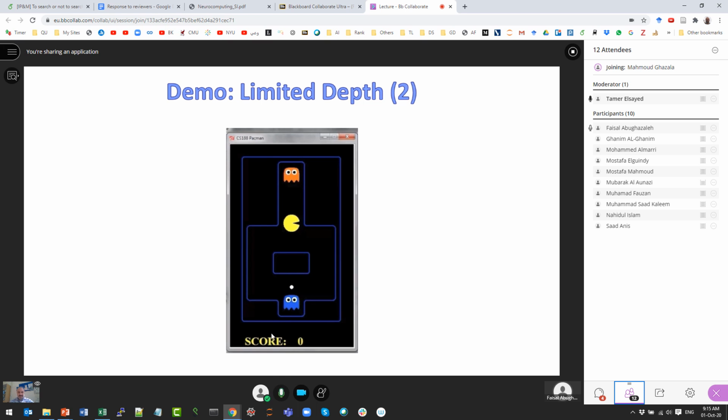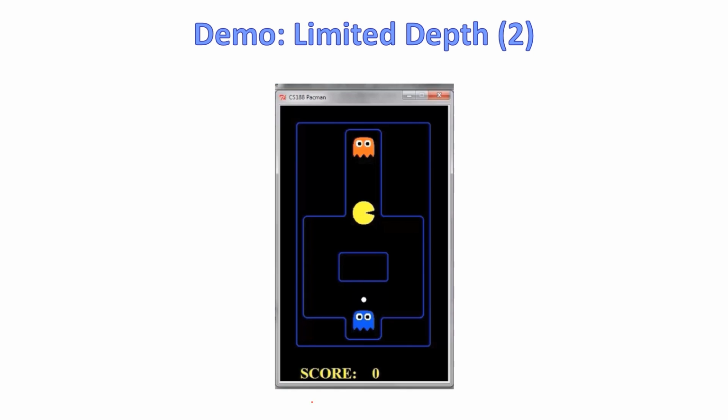Okay, let's see what will happen here with limited depth of 2. Faisal said that I will go down and then go right or left, based on what the ghost will do, hoping that the ghost will go to the other direction.